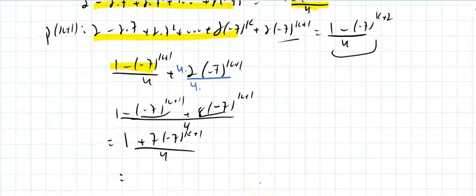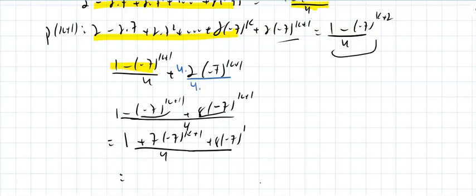Negative one of those plus 8 of those is a positive 7 of those.